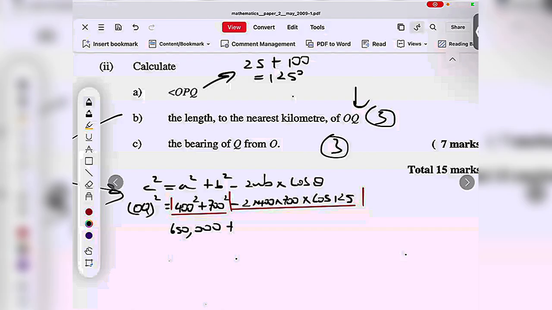Don't leave off the -2. Just confirm it, Miss Gentles: if 400 squared plus 700 squared is 650,000. Who's working the second section?